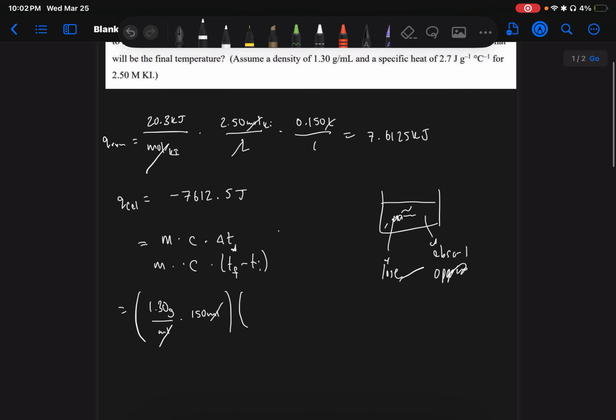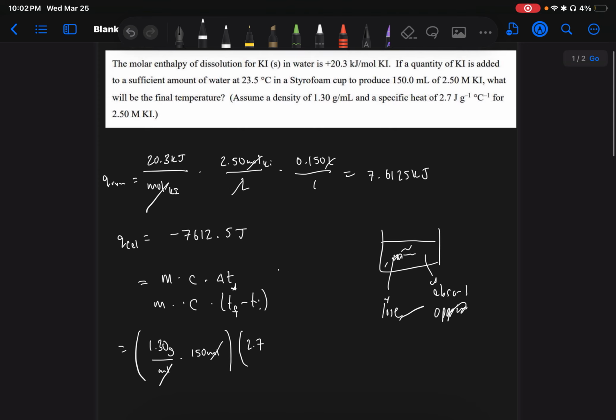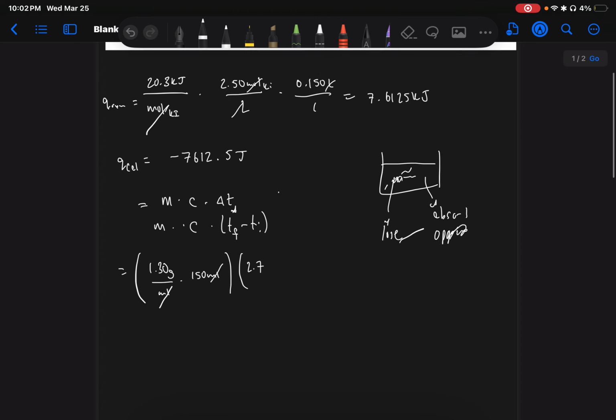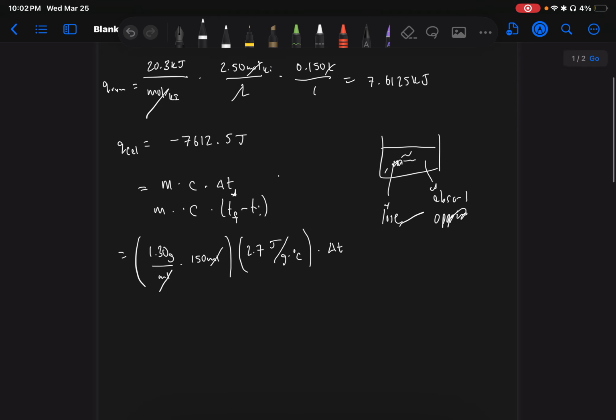Heat capacity 2.7. I'll just write it as change in T just to save time.